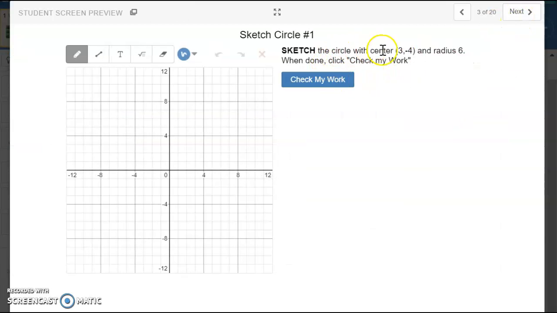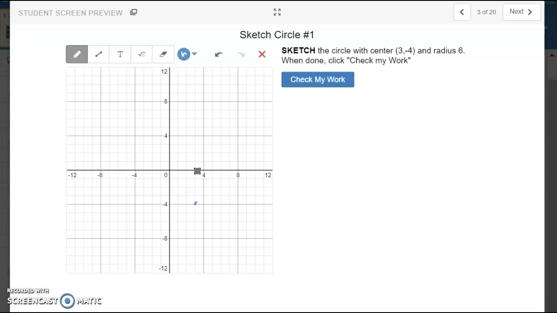Okay, sketch the circle with the center 3, comma, -4 and radius 6. And when you're done, click check my work. Let's just try that. I find my 3, comma, -4. Where is 3? That's my x coordinate, comma, -4 is right there.